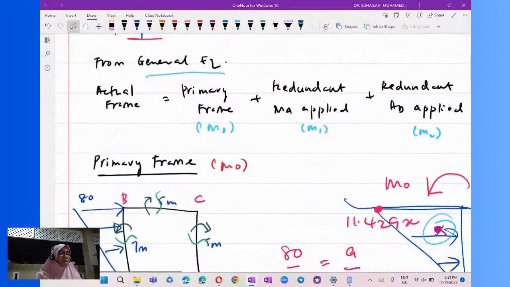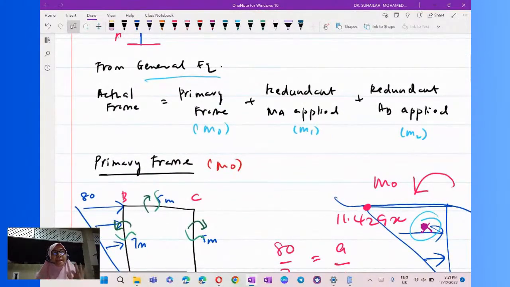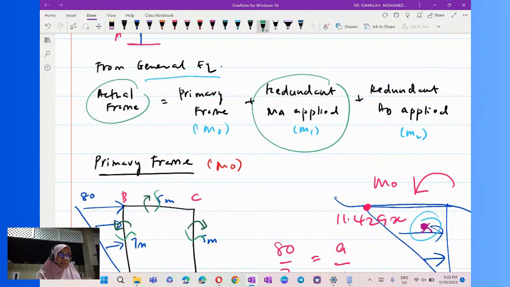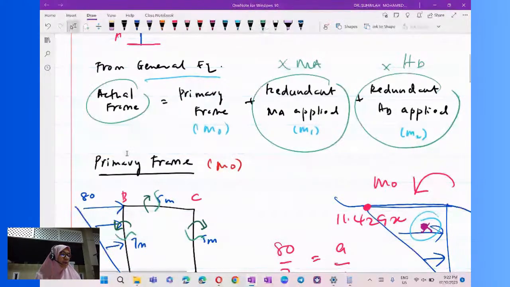Okay, now we are going to determine the three remaining unknown reactions, which are located in the actual frame. To get the value in the actual frame, we can use the general equation: primary frame plus redundant MA applied plus redundant HD applied. It means that in this diagram and in this diagram, we have to multiply with the MA value and the HD value, the redundants.